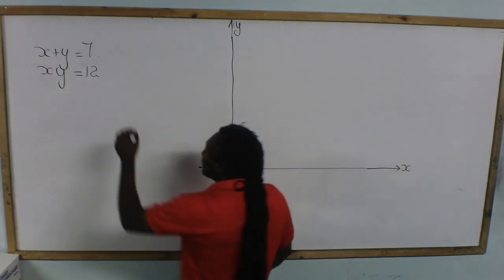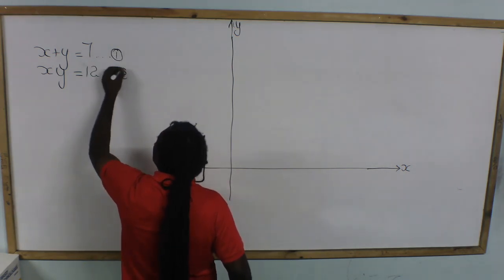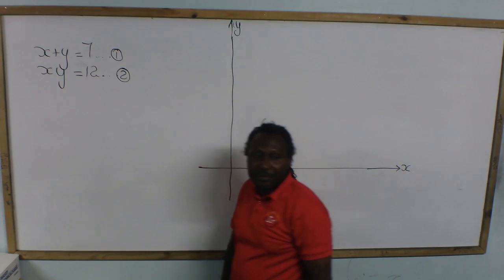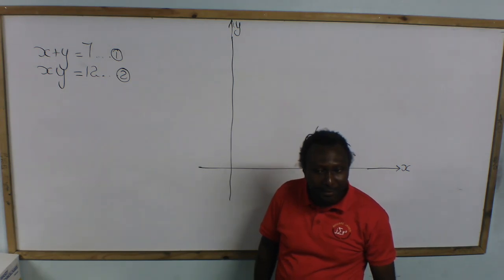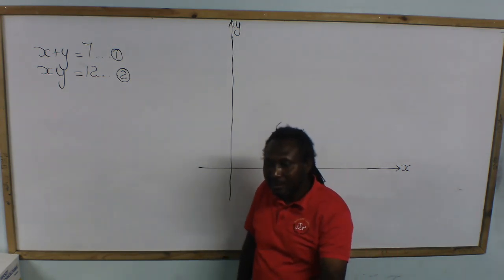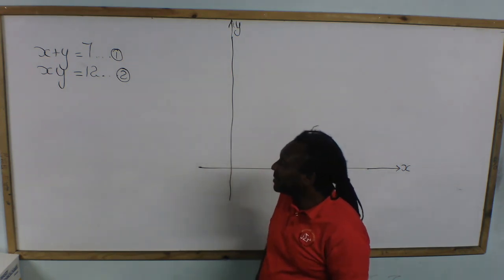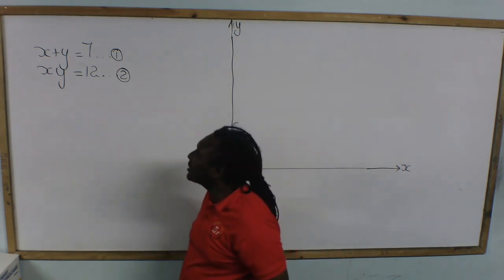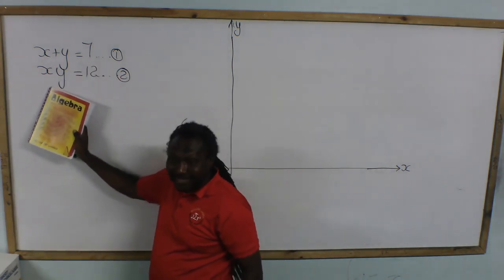You should be able to look at it and tell me the answer. Anybody can? Repeat that? 3 plus 4 is equal to 7.